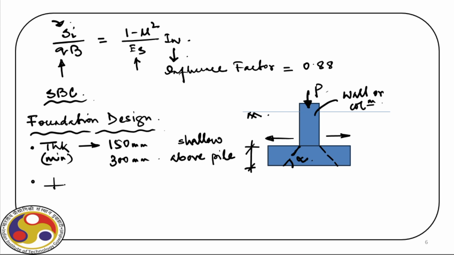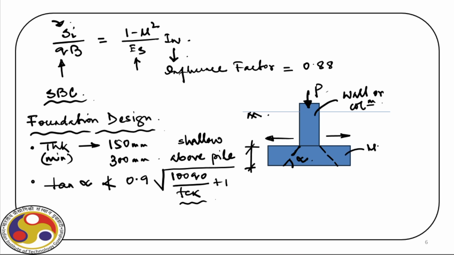Now the code says tan alpha should not be less than 0.9 times square root of 100 Q0 by FCK plus 1. Q0 is the safe bearing capacity of the soil, SBC. FCK is the concrete property. For example, if you use M20 concrete, it is 20 Newton per millimeter square.